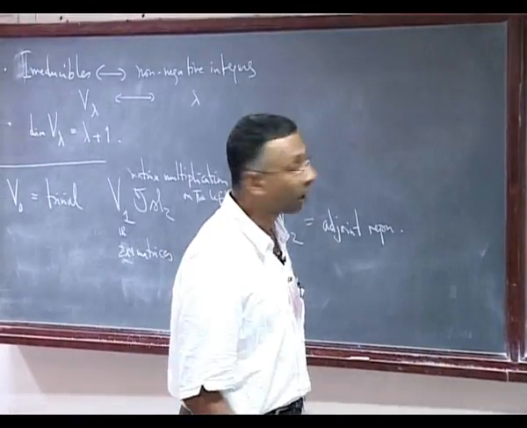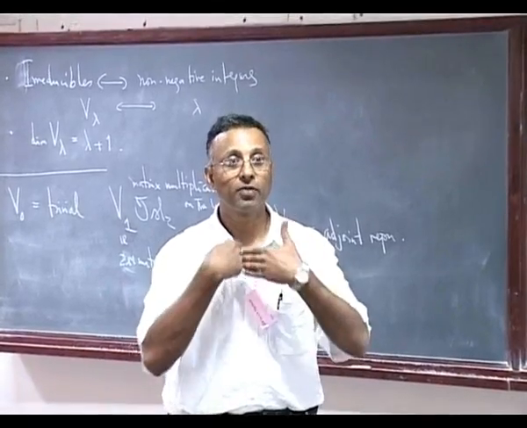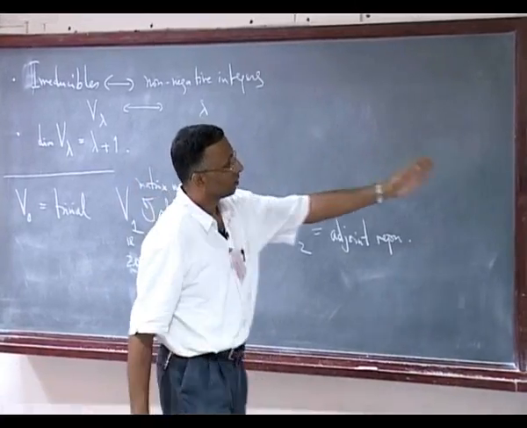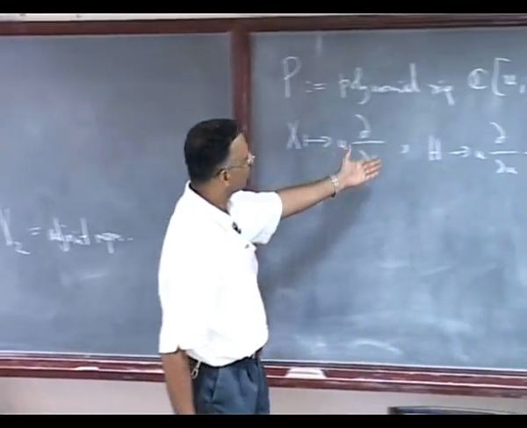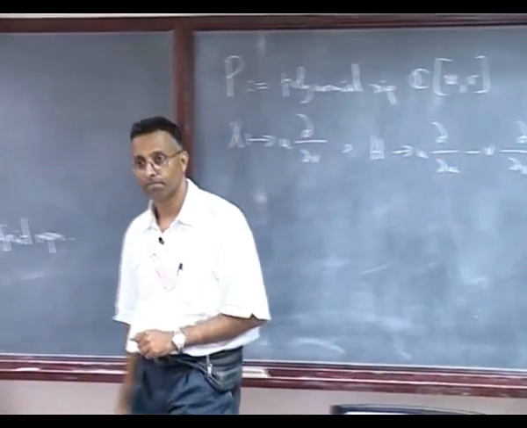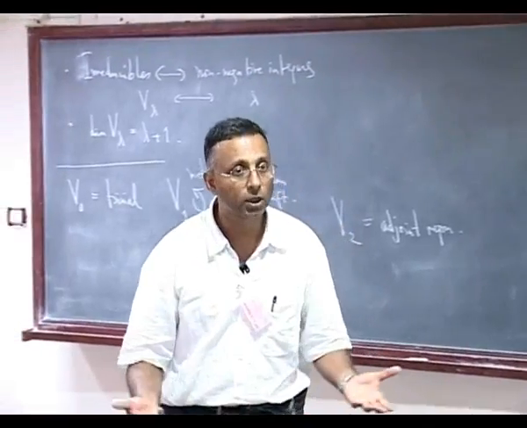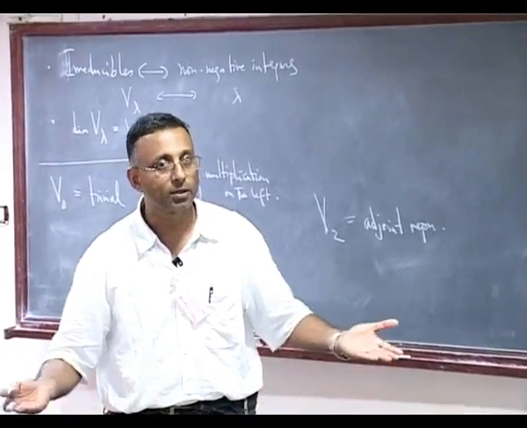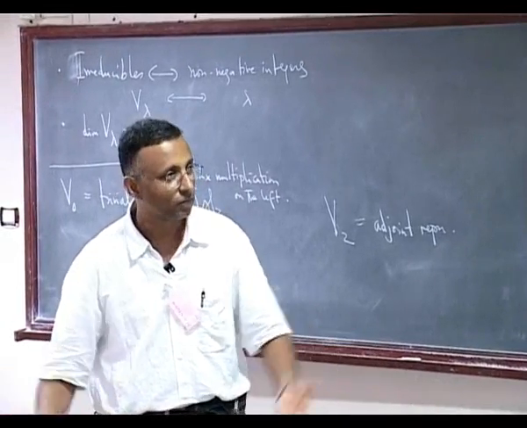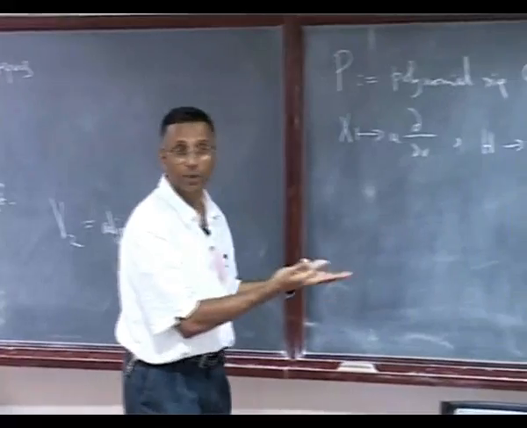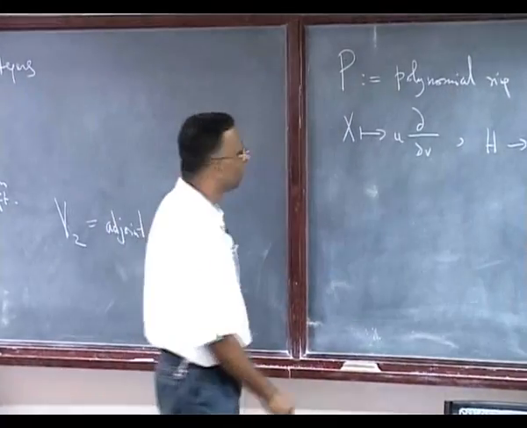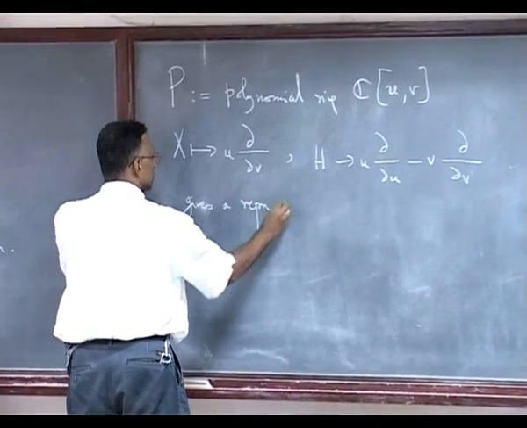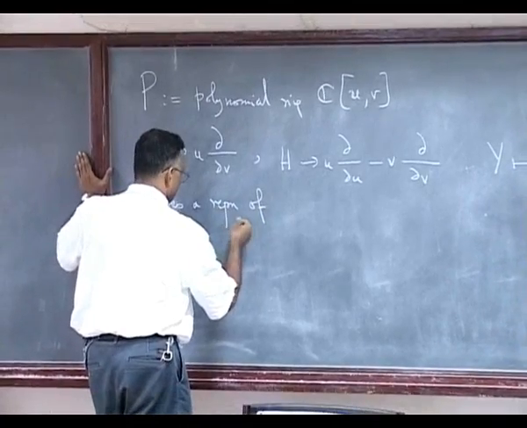Now I am saying, look here, there is a copy of SL2 in this. I make X act like this, H acts like this, and Y acts like this. To make sure that this is indeed an action, I have to check that the structure constants are okay. This indeed is a representation, and that's an easy calculation. I won't do this. So it gives a representation of SL2 on P.